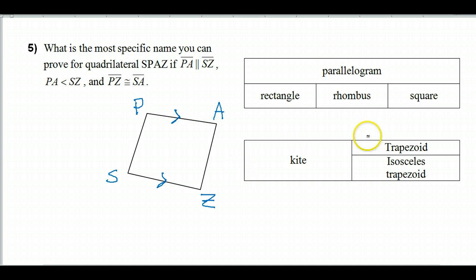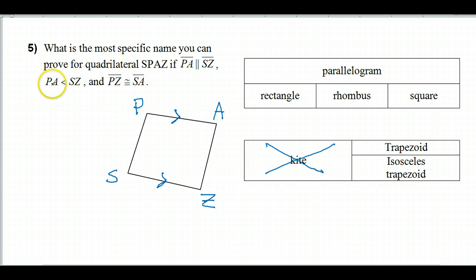So we have parallel sides. A kite doesn't have any parallel sides, so we can throw out kite so far. Let's see, what else do we know? So far we have one pair of parallel sides, so that really could be anything else.